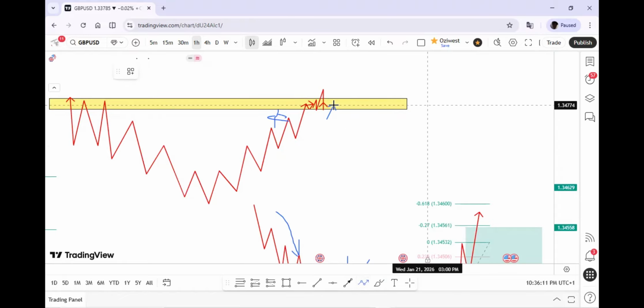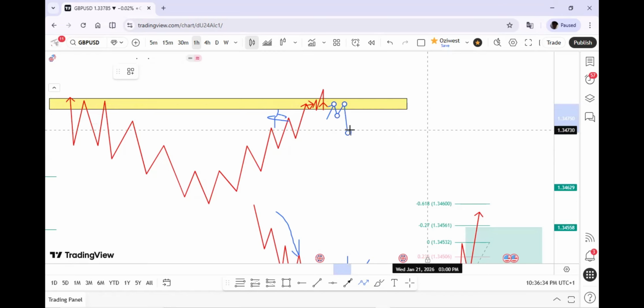You're looking for a double top, a head and shoulder, or a consolidation. Price has given us a double top right there. So what you then do is wait for price to break the neckline of that double top.